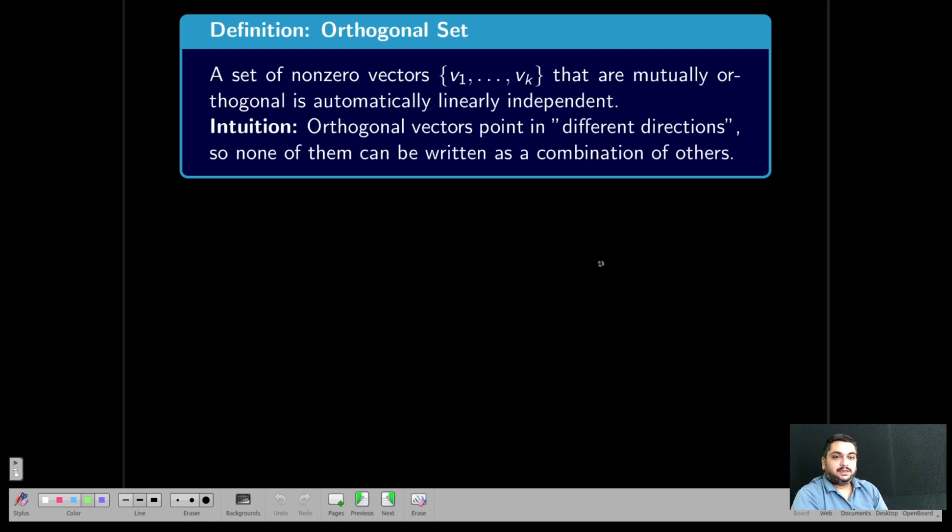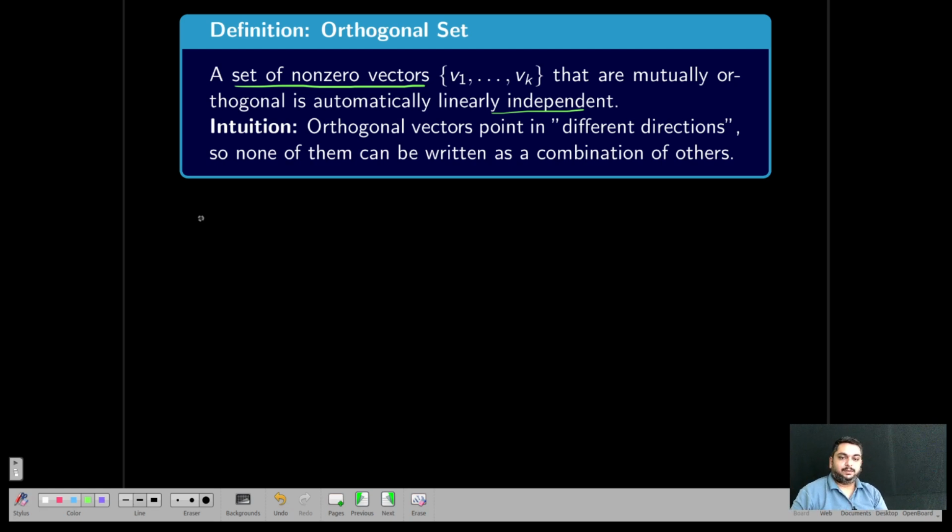Next, what is an orthogonal set? Now we have defined it for only one pair of vectors. Let us consider a set of vectors. A set of non-zero vectors v1 up to vk, there are k vectors, that are mutually orthogonal is automatically linearly independent. When you solved a system of linear equations, you checked linear independence.